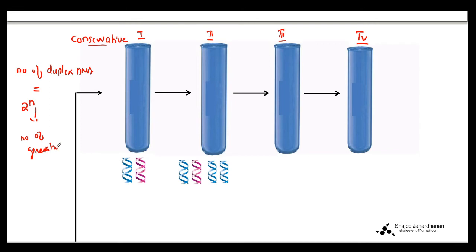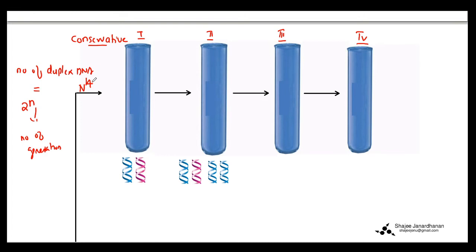So if you look at the first generation, the total number of DNA duplexes formed will be 2 raised to 1, which is 2 duplexes. In the first generation replication is happening, and the E. coli cells are in a medium that contains N14. So all the newly formed DNA will incorporate the lighter isotope.